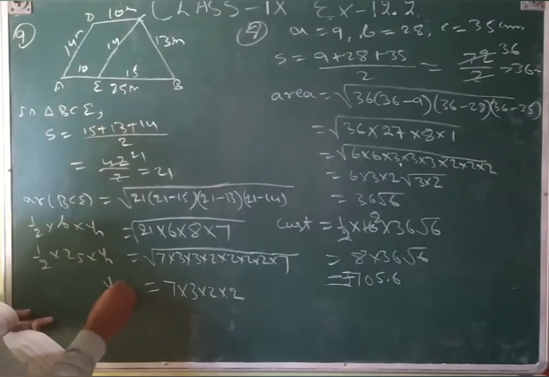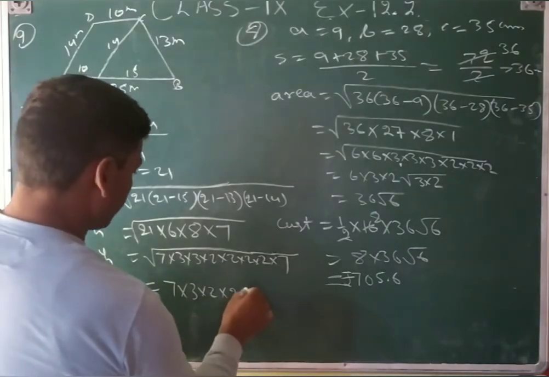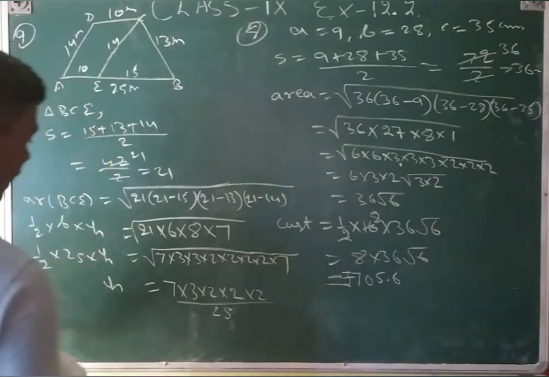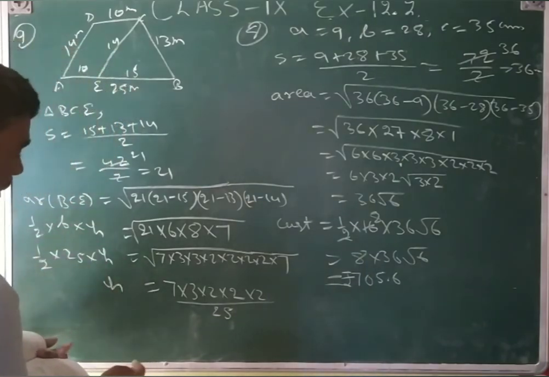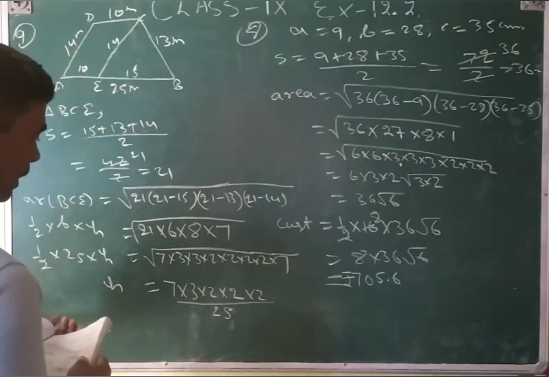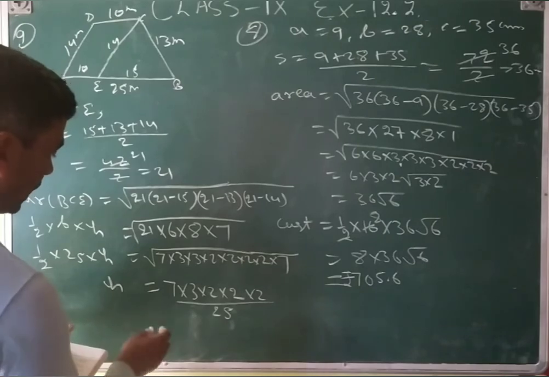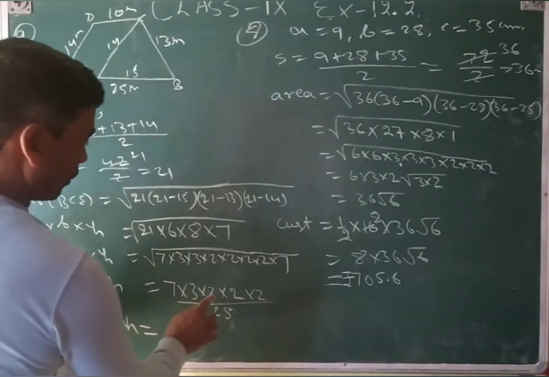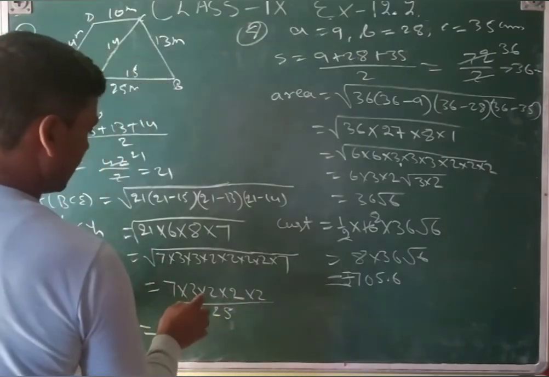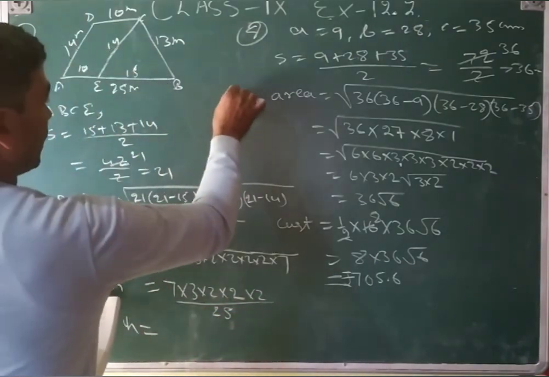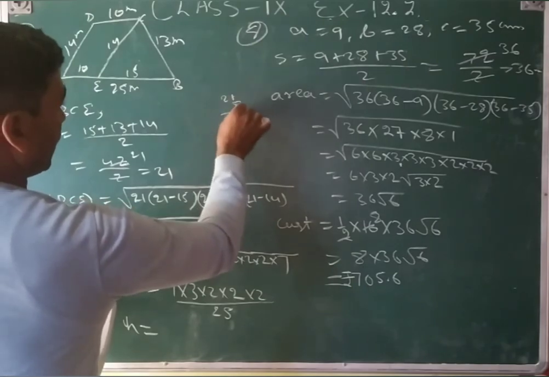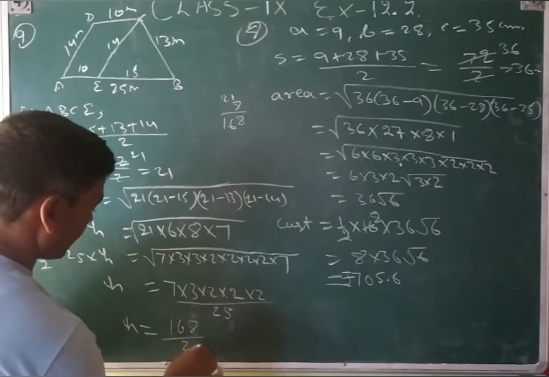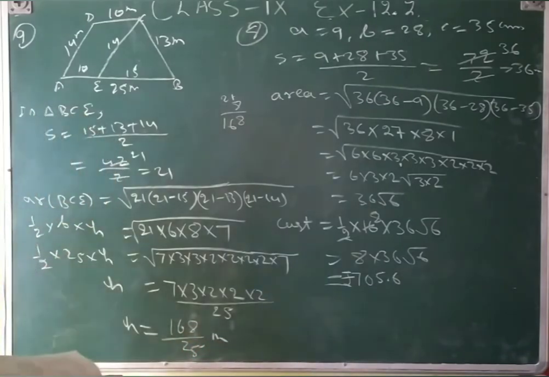So H is equal to, that will go upside, and this will become the denominator side. Cancellation is not going on anywhere. So H is equal to 2 into 4 into 8 and 7 into 21, that is 168 upon 25 meter. That is the height.